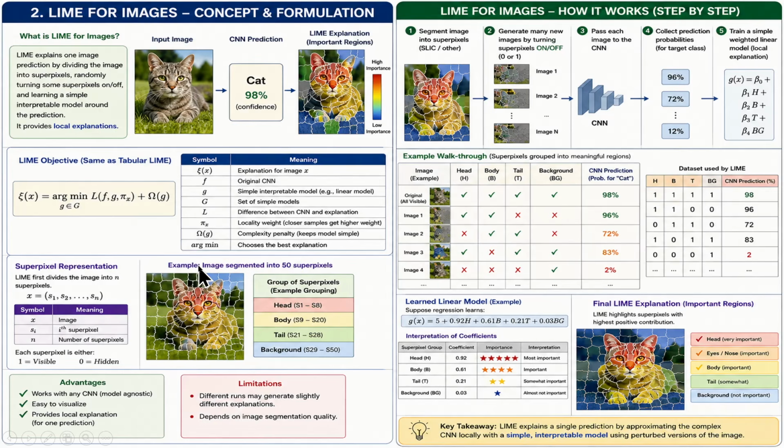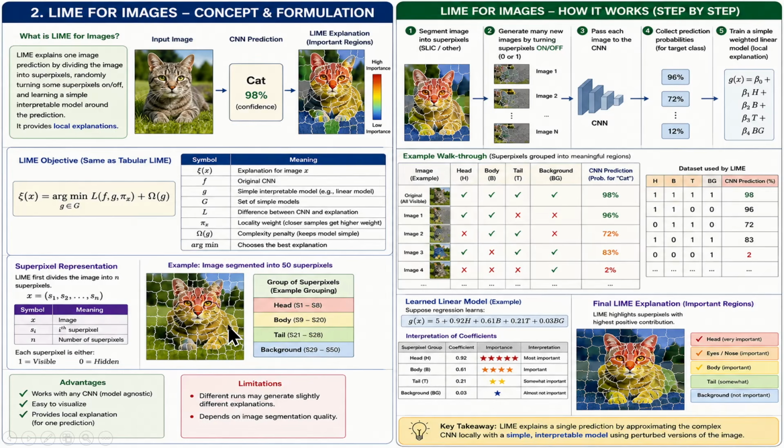This is an image segmented into 50 superpixels. The head region comprises superpixels numbered S1 through S8, whereas the body is S9 through S20. The tail has S21 to S28.